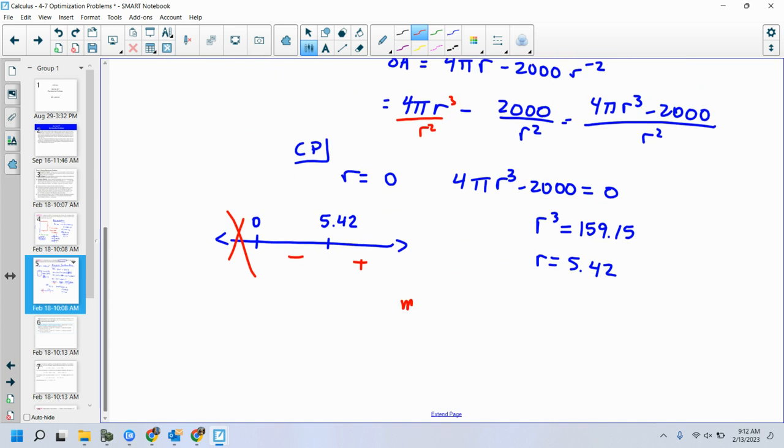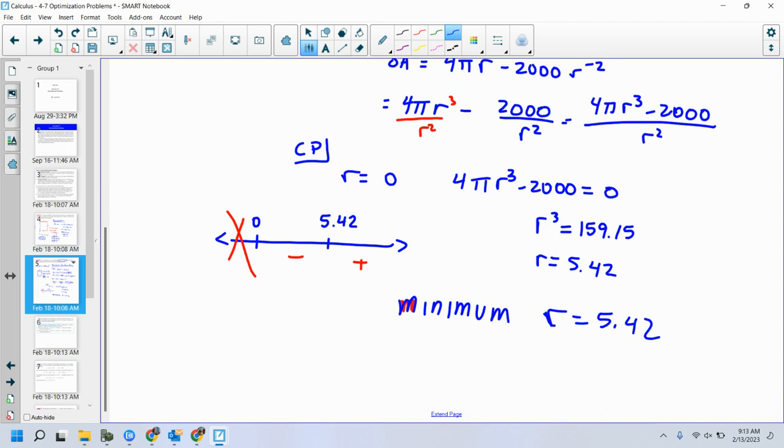Let's put this in blue. Minimum at r equals 5.42. How do I know that there could not be another minimum? How do I know that 5.42 is going to be the only minimum that I have here? Does it have another turning point?